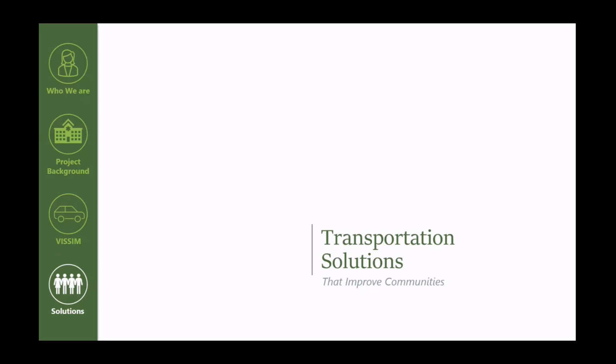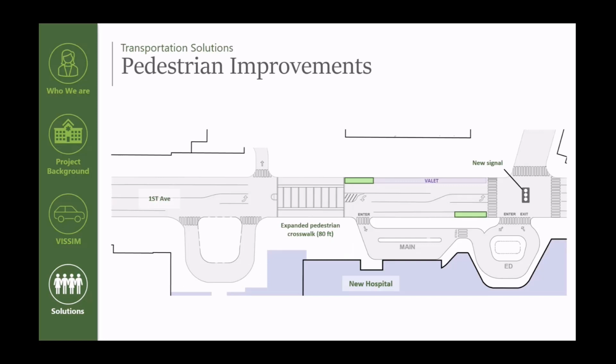So how did we utilize the results from VISSIM to inform our transportation recommendations, and how do we transmit the message to the stakeholders and the community? Here is an example of the pedestrian improvement recommendations that we provided. The first improvement we explored is widening the existing crosswalk, shown in the center of this figure.